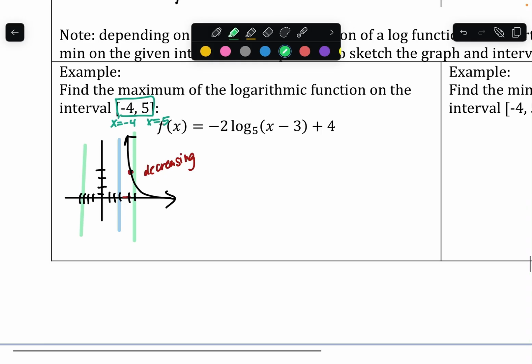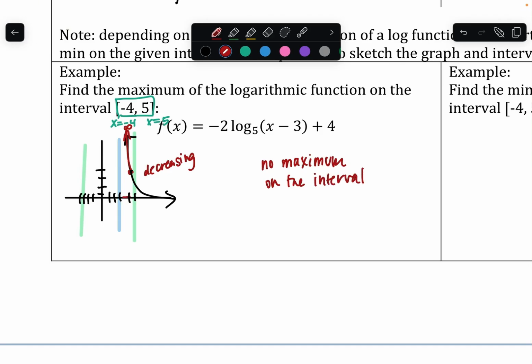Okay, and so trying to find a maximum, my vertical asymptote falls right in the middle of this interval, so this function is going to keep going all the way to infinity as we approach the asymptote at x equals 3. And so on this interval, there is no maximum on the interval.